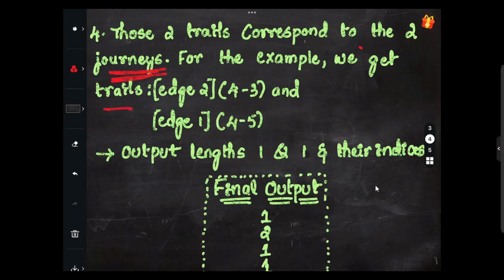For example, we get the trail for edge 2 as 4 3, and for edge 1 as 4 5. So we have exactly two journeys.